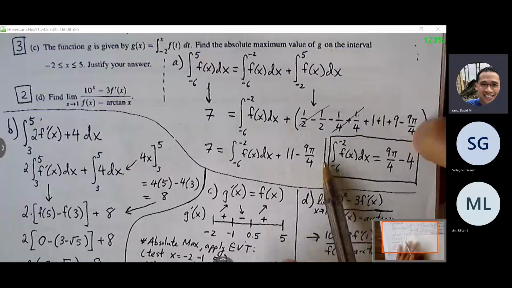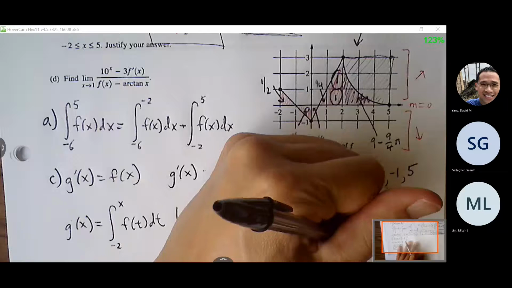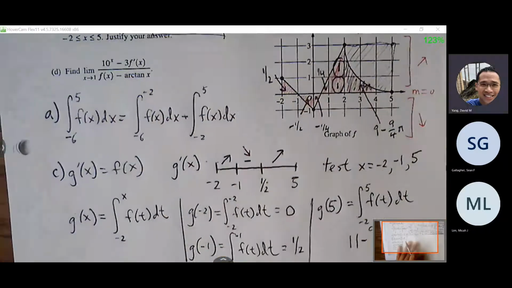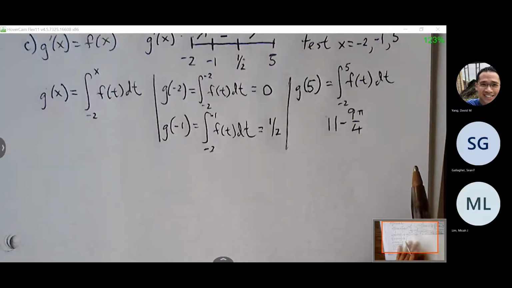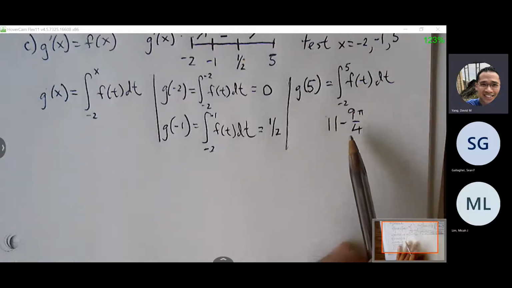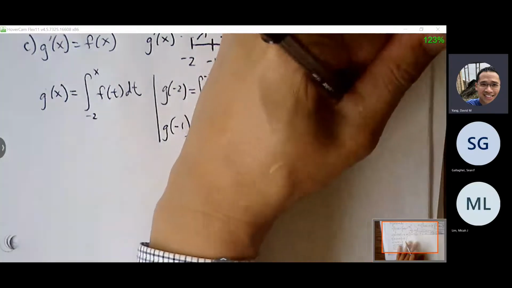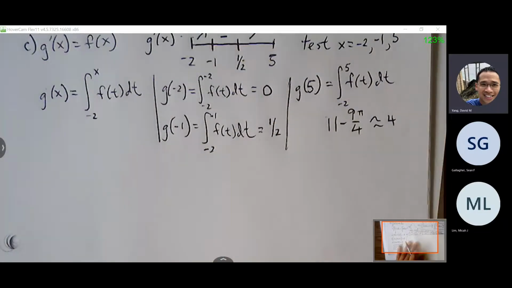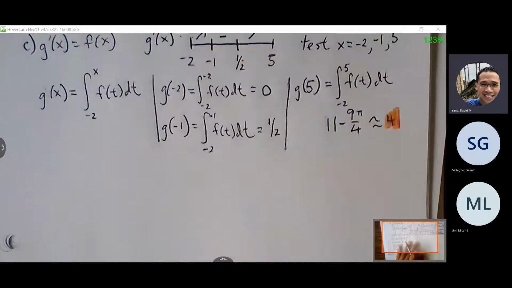That's the area from -2 to 5. So 9 pi over 4 is 27 over 4, that's around 7-ish. 11 minus 7 is around 4. So comparing these values between 0, 1/2, and 4, we see the highest value is 4, so the absolute max must be at g of 5.